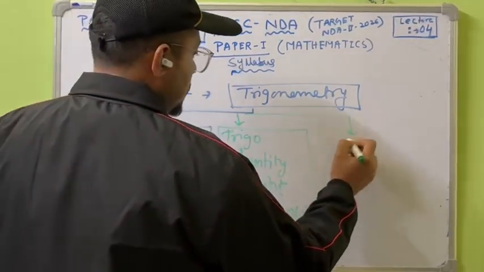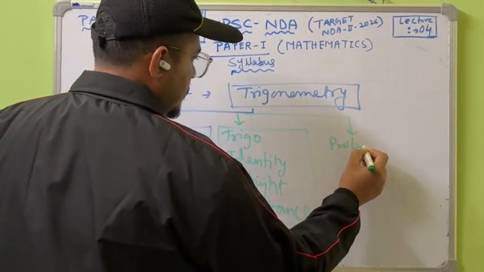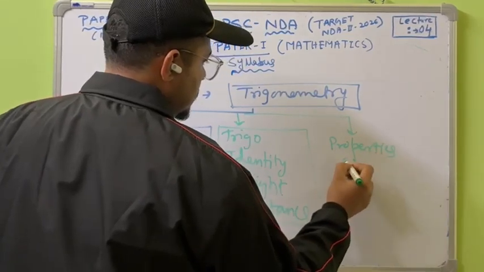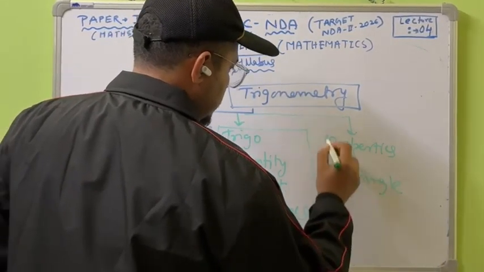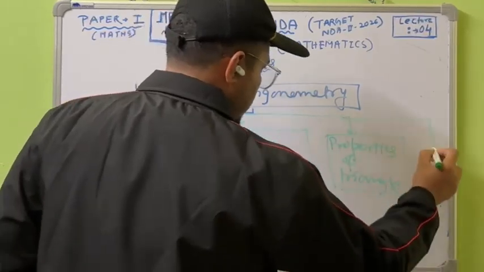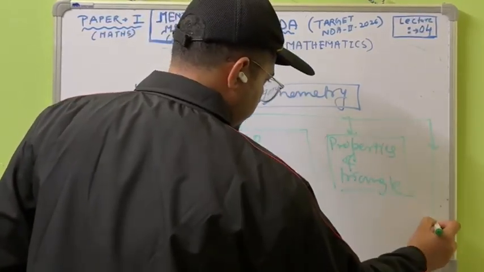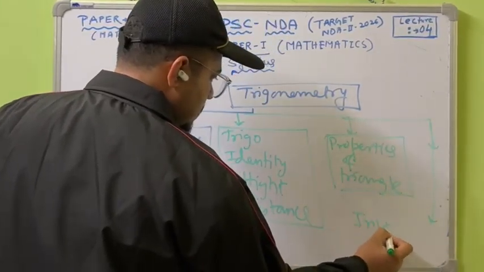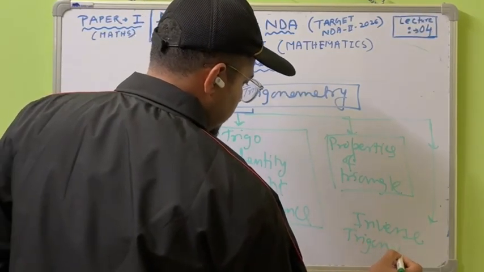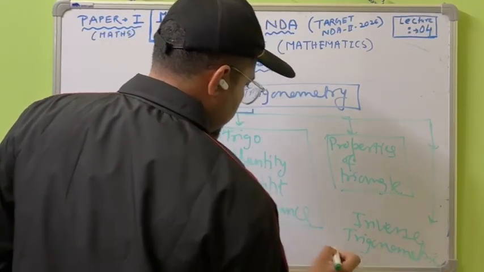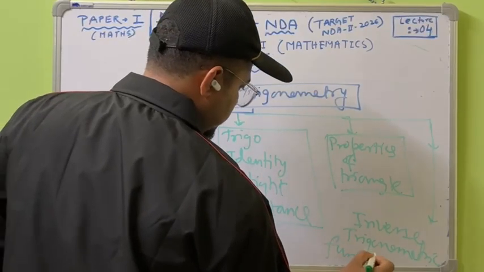Then comes properties of triangle, and last comes inverse trigonometric function. Please note, inverse trigonometric function.